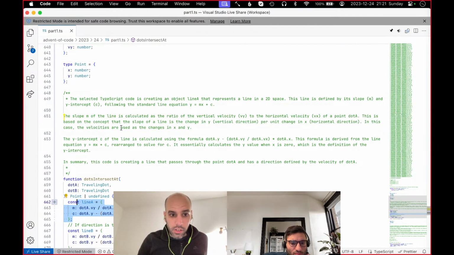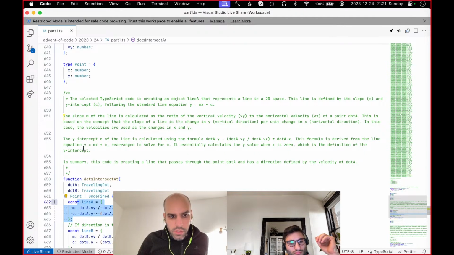This is based on the concept that the slope of a line is the change in y per unit of change in x. I can get behind this. In this case, the velocities are used as the changes in x and y. The y-intercept c of the line is calculated using the formula blah. This formula is derived from the line equation blah, rearranged to solve for c.